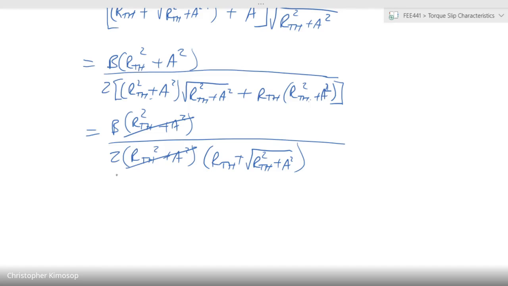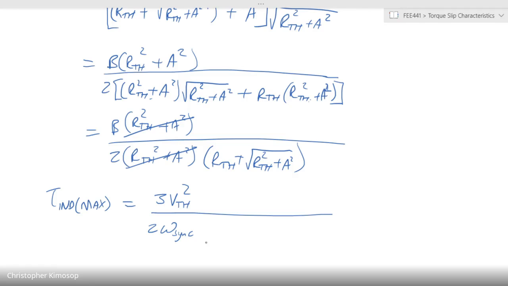And so we end up and we reintroduce the values of B and A. And that then becomes ultimately 3 times V Thevenin squared over 2 times plus it's a long story.